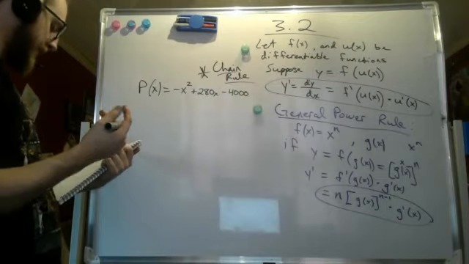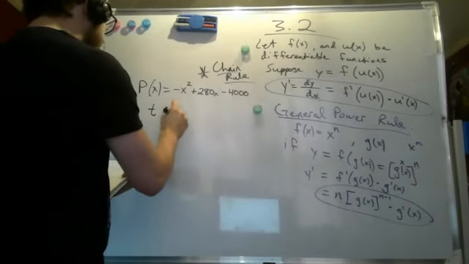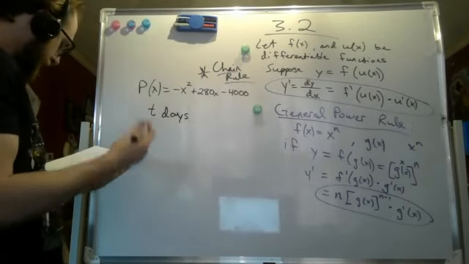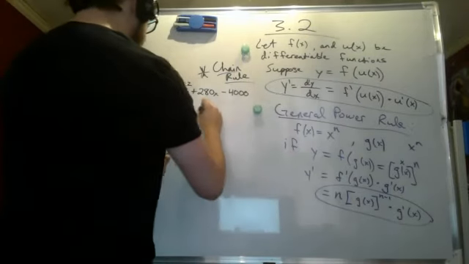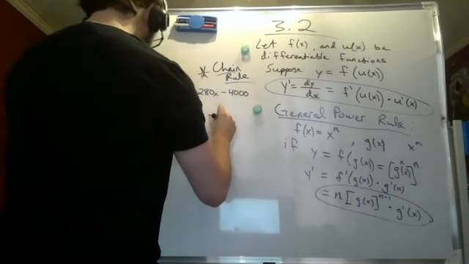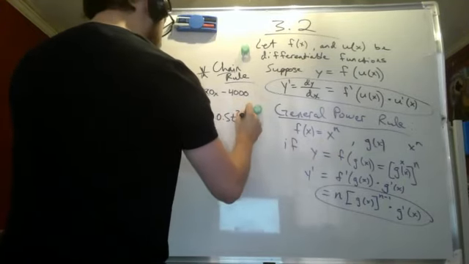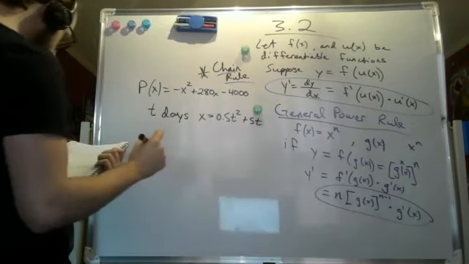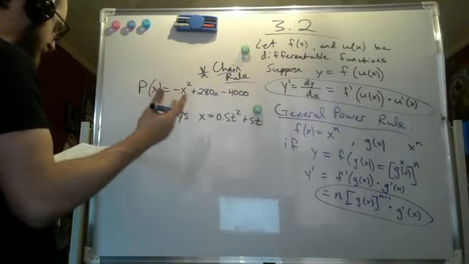It is estimated that after t days, so we're given another variable, after t days in any week, x equals 0.5 t squared plus 5t x items will have been produced.